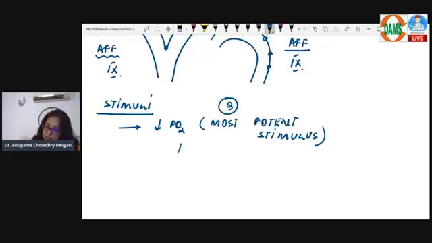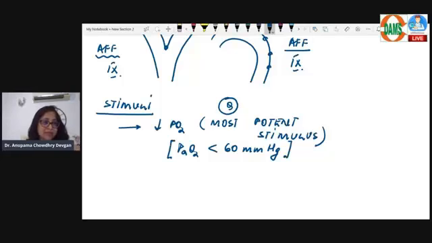When the arterial PO2 is less than 60 millimeters of mercury. Partial pressure means dissolved oxygen. Normal is 95. If arterial PO2 decreases to less than 60, that is hypoxia, or saturation is less than 89. We've discussed this.